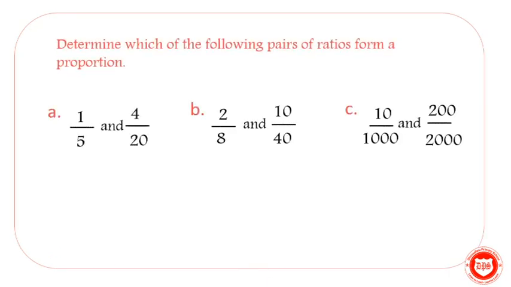Let's try some other examples. Determine which of the following pairs of ratios form a proportion. Here, 3 pairs of ratios are given. You are going to find out which pairs of ratios form a proportion. For this, I will give you 1 minute.